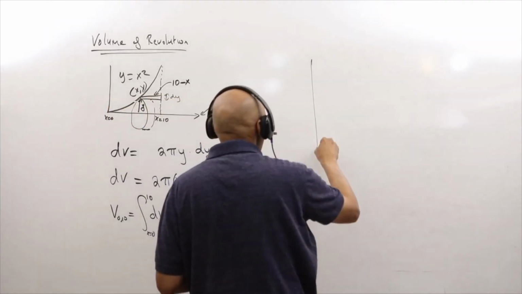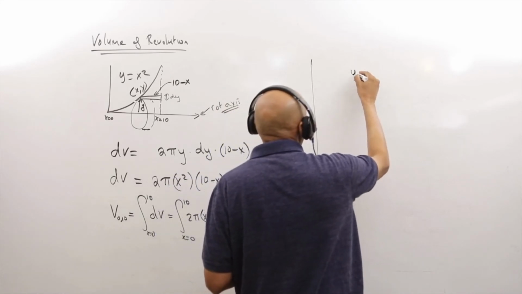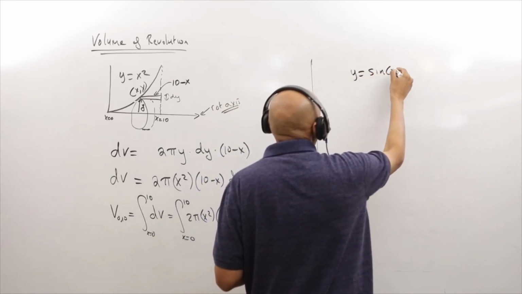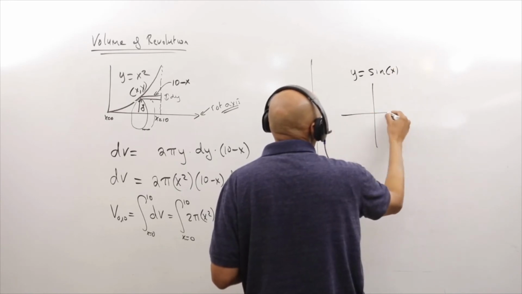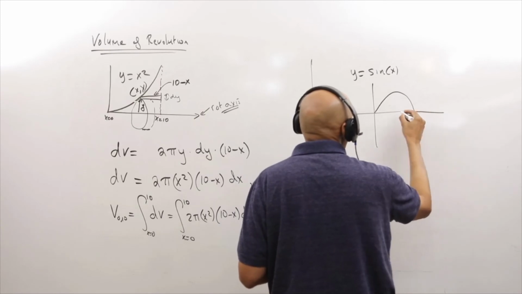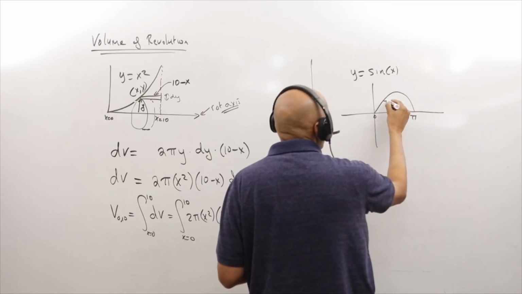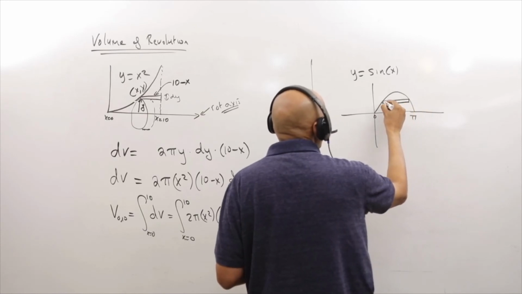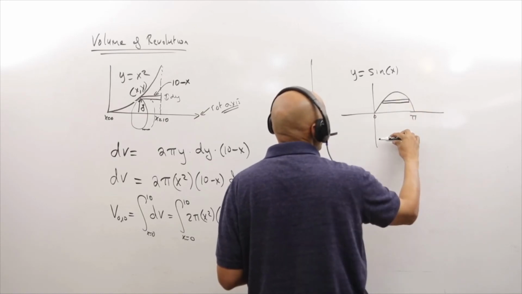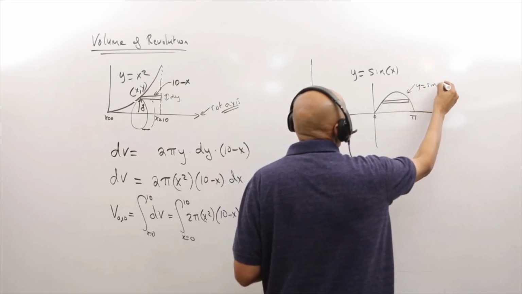For example, if somebody gave you another curve, for example, y is equal to sine of x, and you're going to calculate the volume generated from 0 to pi, then maybe I can create shells from here to here. You'd have to know that this curve is y is equal to sine of x.